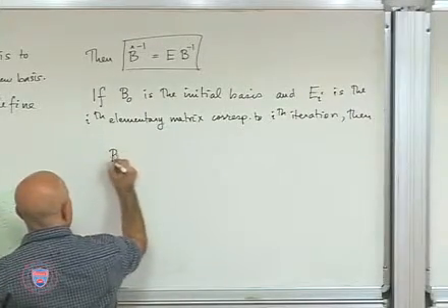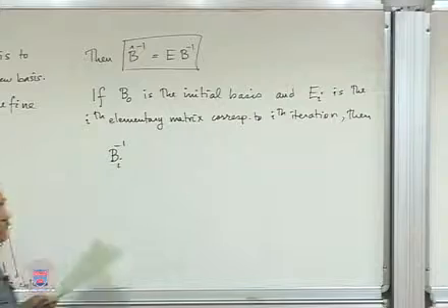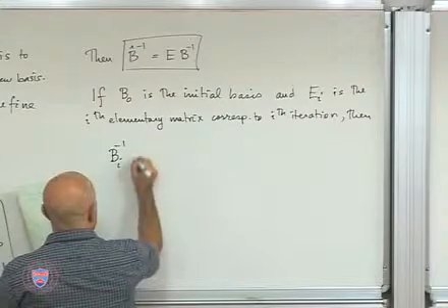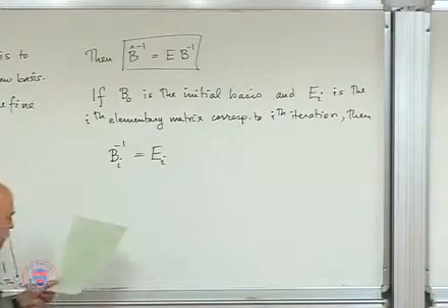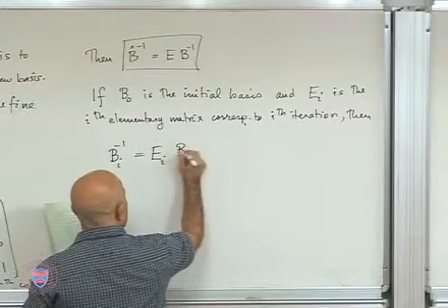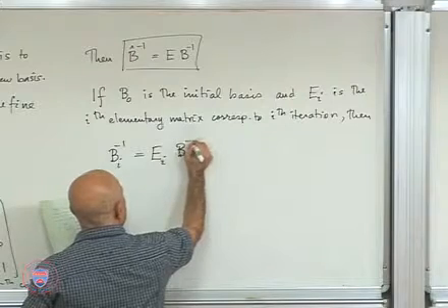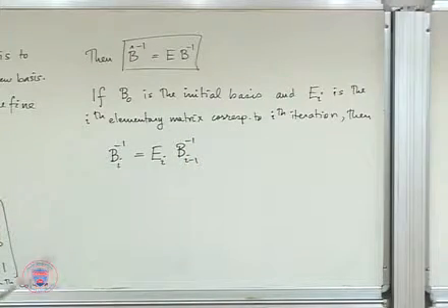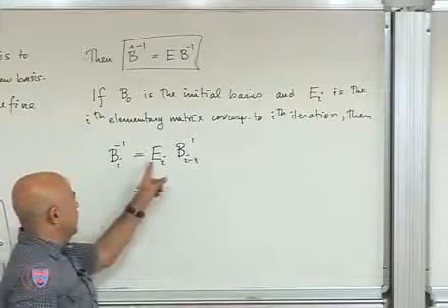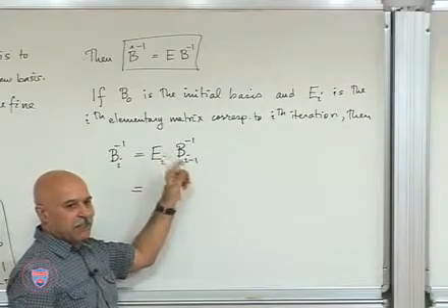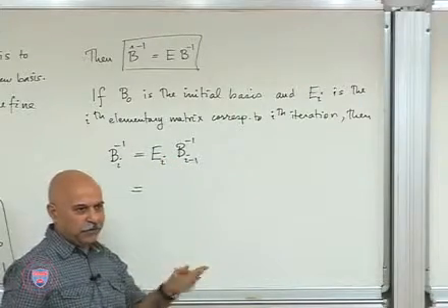Then, of course, the inverse in the ith iteration is going to be the elementary matrix E sub i times the previous inverse, the one in the i minus first iteration, which is going to be Ei times Ei minus 1 times B i minus 2, so on and so forth.